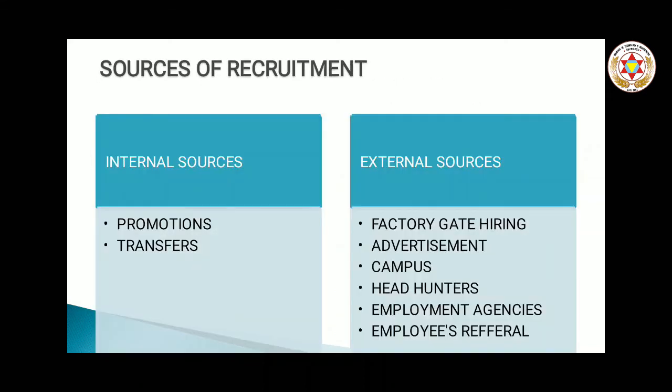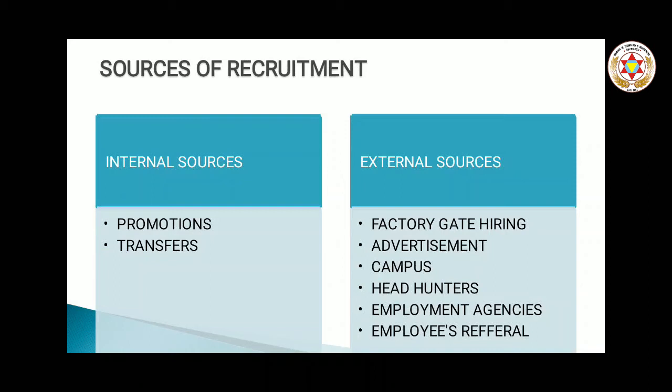Next, the sources of recruitment, from where potential employees can apply to the organization: internal and external. Internal is through promotions or transfers. If the organization has a vacant job in another branch and some people are interested to go to that particular place, they can also apply for that vacant job. External sources: factory gate hiring, which is basically for shop floor workers, where a notice is put at the factory gate for the vacant job.